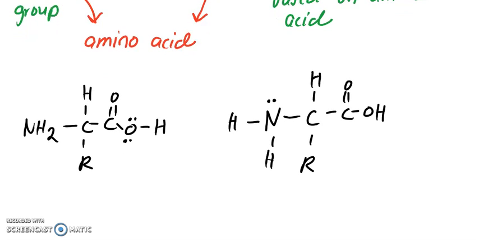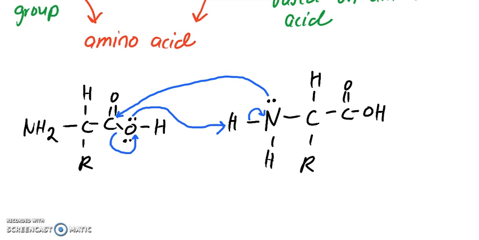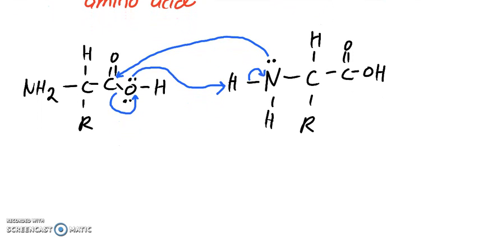So in this reaction, this nitrogen's lone pair is going to attack this carbon right here. The electrons here are going to go to this oxygen, and then this lone pair is going to take one of these hydrogens, and while that happens, this lone pair is going to recede back to this nitrogen. So at the end of the day, a water is going to leave.